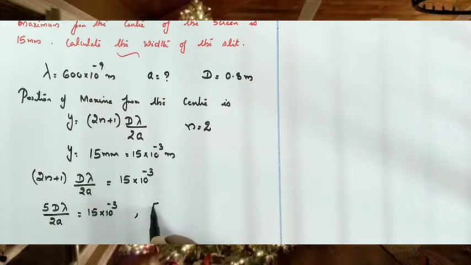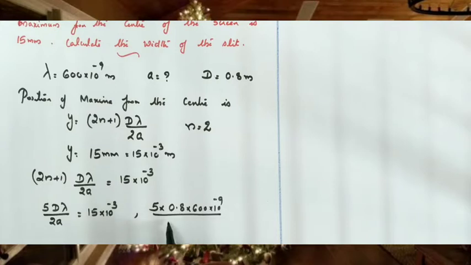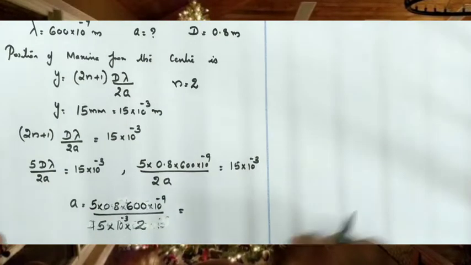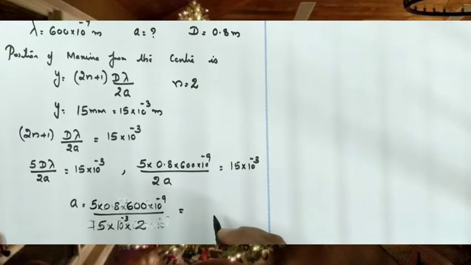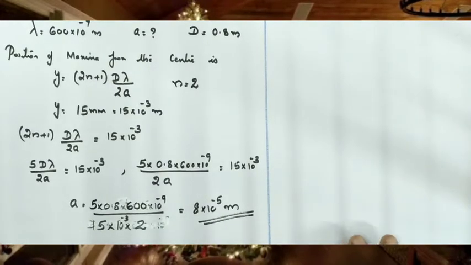We can substitute 5 into capital D, 0.8, and lambda, 600 into 10 raised to minus 9, divided by 2a, which we have to find out, equal to 15 into 10 raised to minus 3. After simplification, a is equal to 8 into 10 raised to minus 5 meter. So, the slit width is 8 into 10 raised to minus 5 meter.